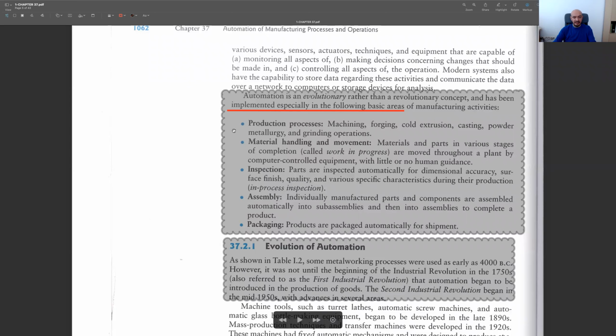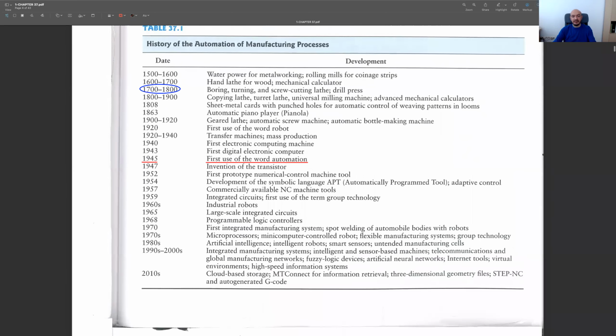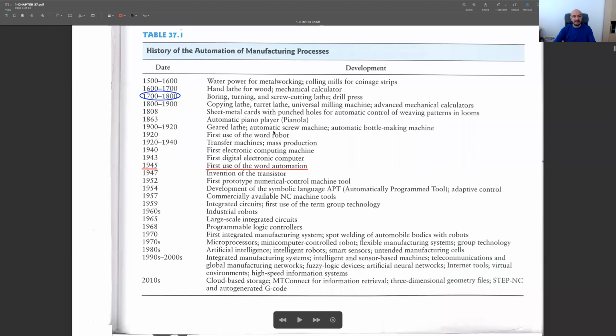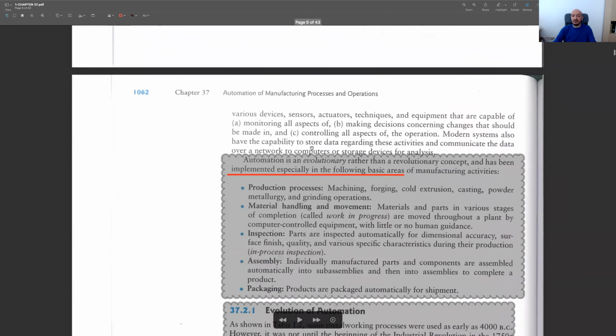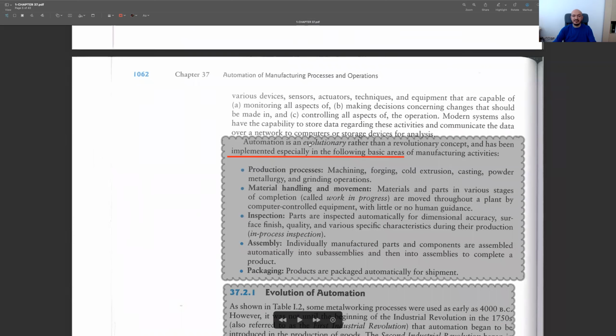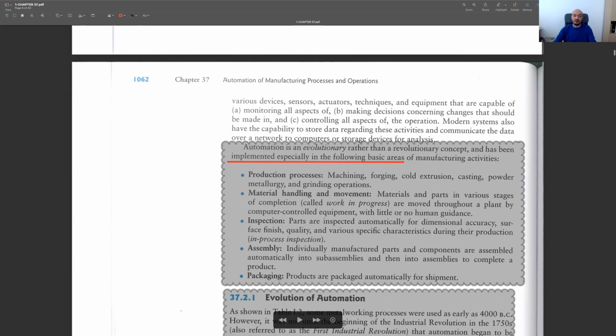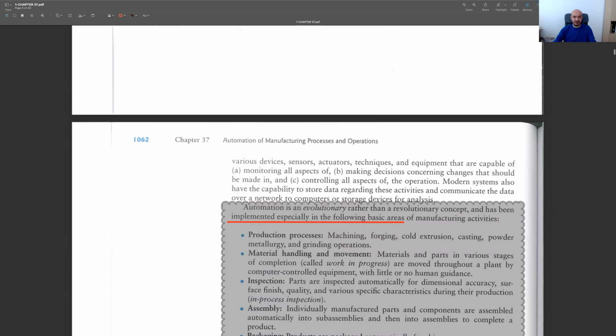Another important thing I would like to mention is that we don't have a specific revolution. We cannot say that at this point we switch to level 2, level 3, but we can say that it is an evolutionary process. As technology improves smoothly, this is reflected in automation in manufacturing processes.